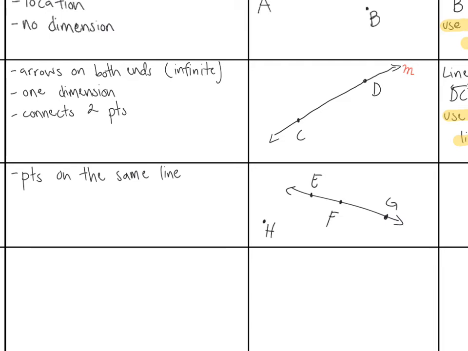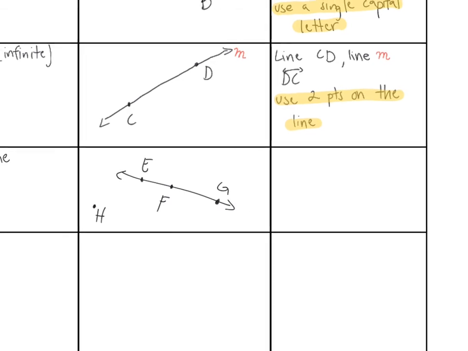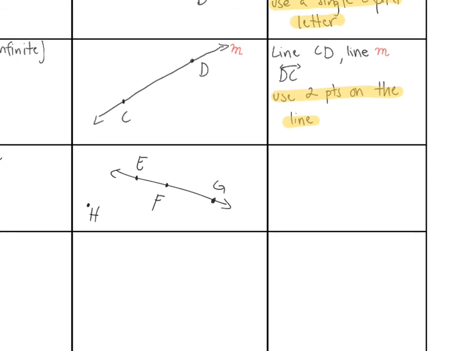Now taking a look at this example, we can see that E, F, and G are all on line EG right here, and H is floating in outer space.